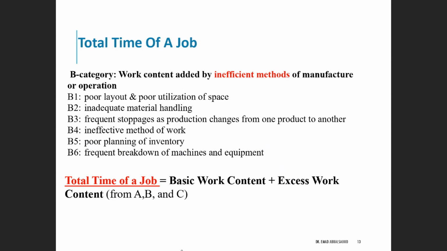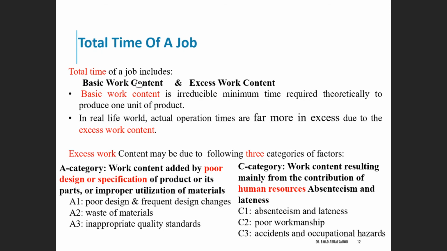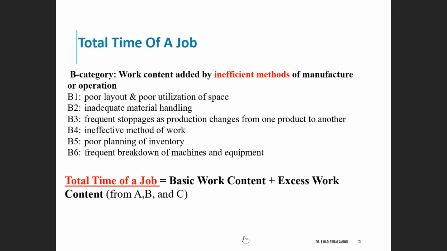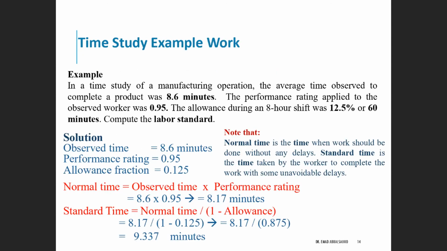The time for a job contains the basic work content that we cannot reduce, and the excess work content that we can work on reducing, and it comes from three categories: either the design specification, human resources, or insufficient method, and the total time is the basic work plus the excess work that comes from any of the categories.